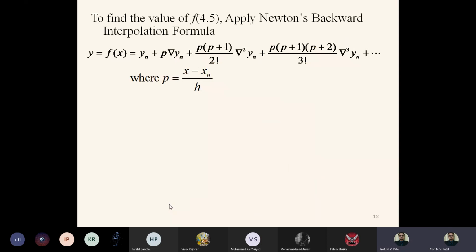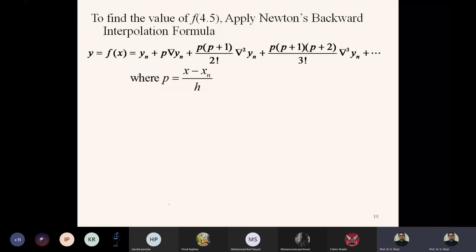So to calculate the value f of 4.5, since 4.5 lies at the ending of our table, we apply Newton's backward interpolation formula. Write down this formula: yn plus p nabla yn plus p into p plus 1 by 2 factorial nabla square yn, plus p into p plus 1 into p plus 2 by 3 factorial nabla cube yn, and so on, where the value of p is x minus xn upon h in backward.